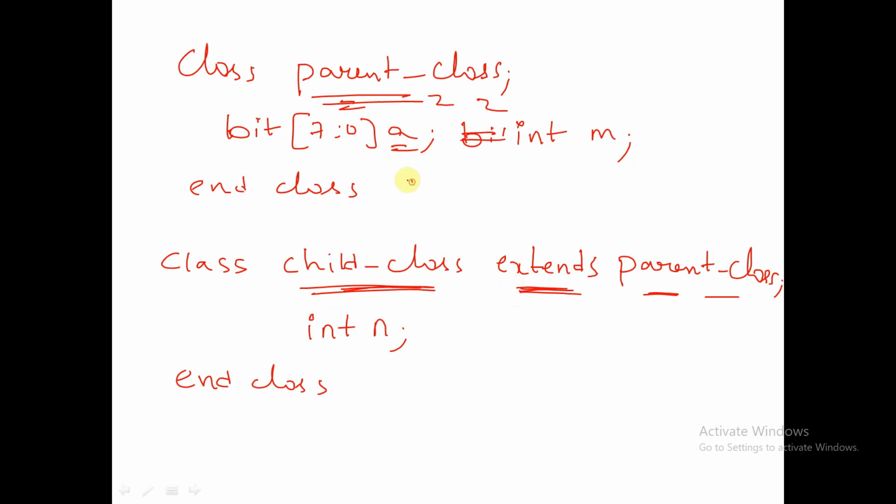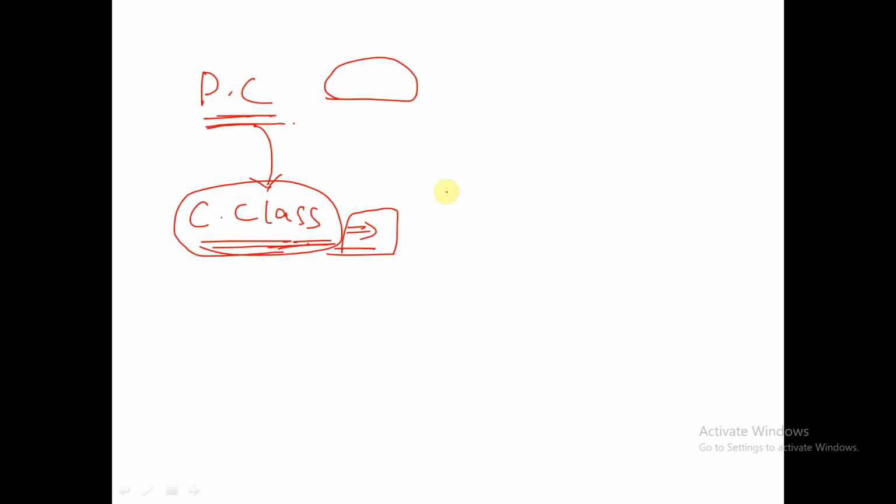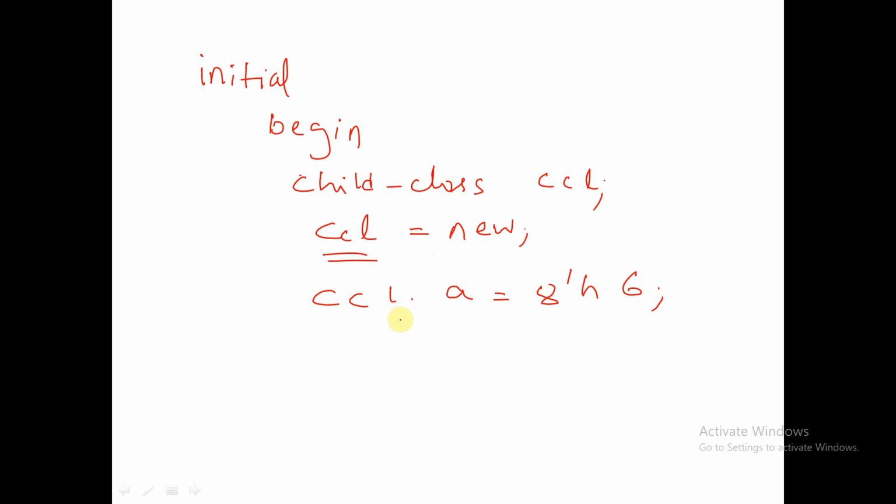If we have declared a as, say, 8'h5, then we can modify this value as 8'h6. So with the help of this child class handle, since the child class is derived from the parent class, we are able to access the parent class property, and we are able to modify the parent class property. So this is the inheritance concept.